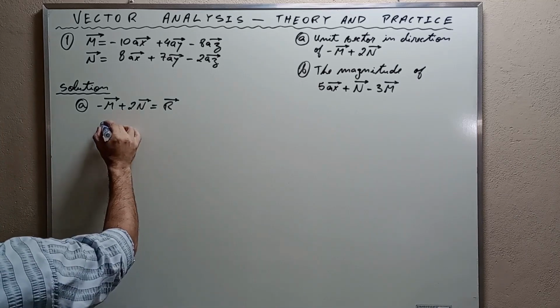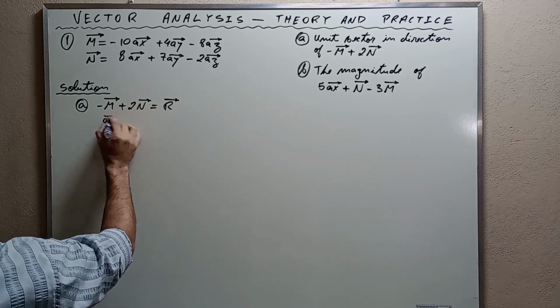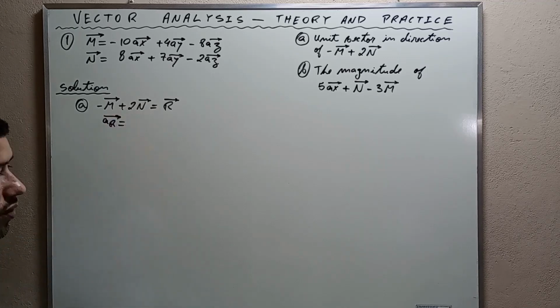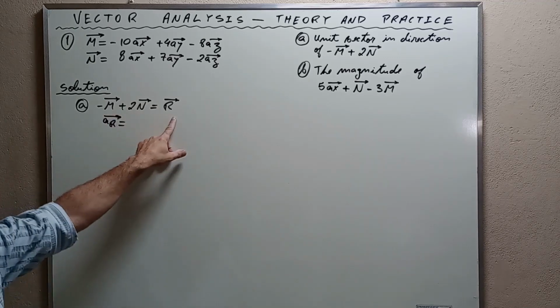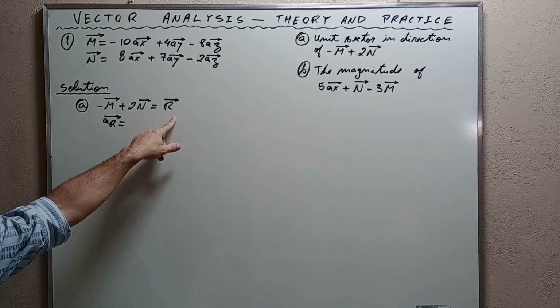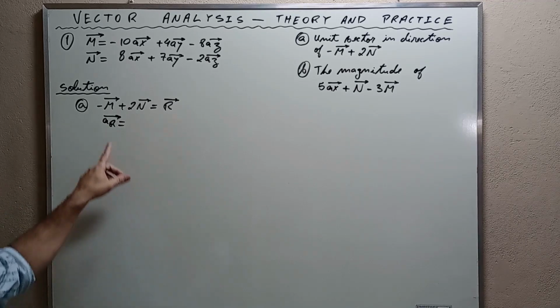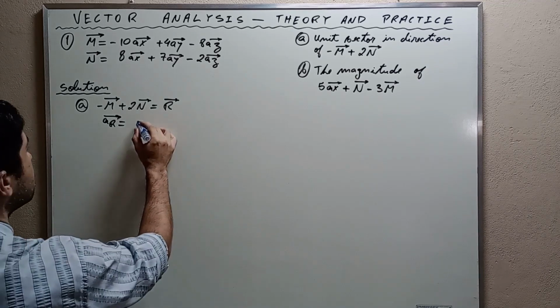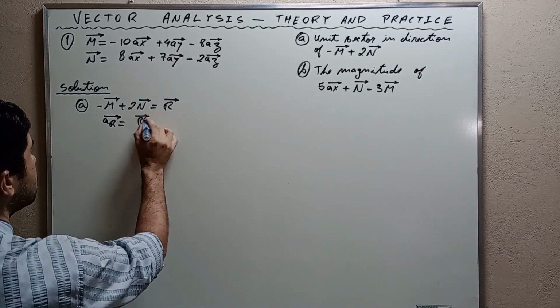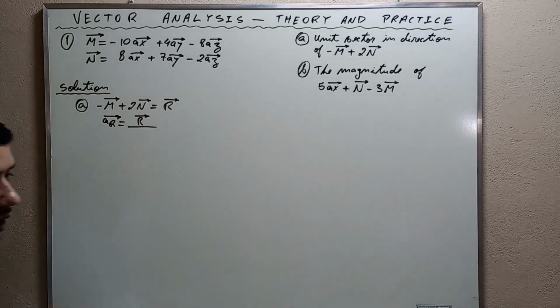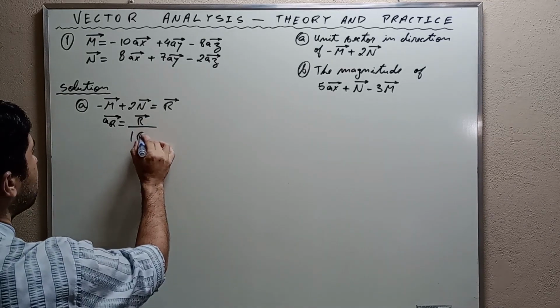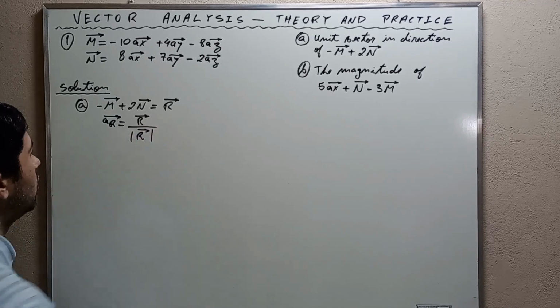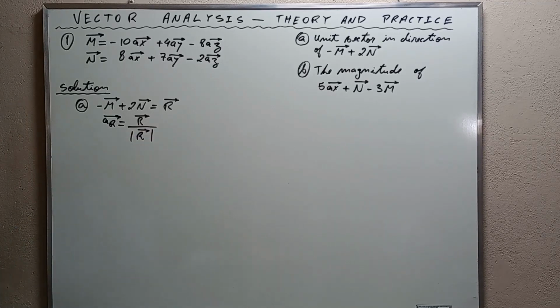Let's call AR the unit vector in the direction of R. And how do we compute AR? Simply dividing R by its own magnitude. Okay? That's it.